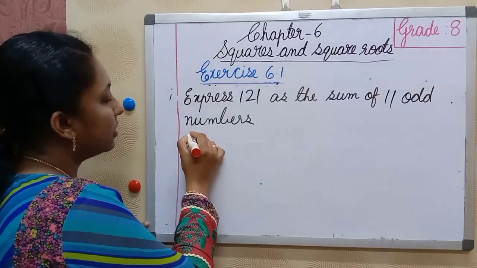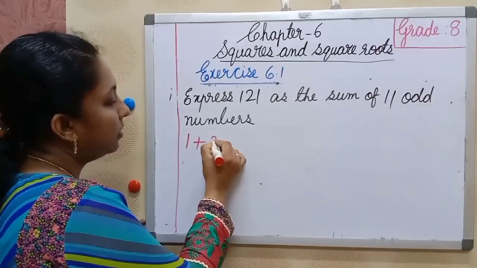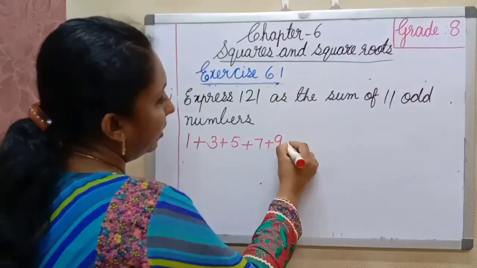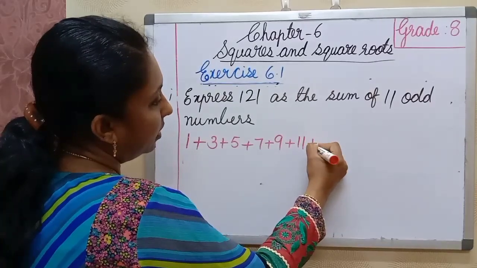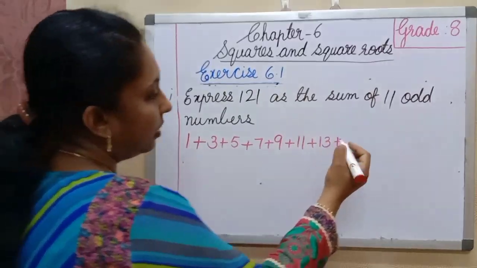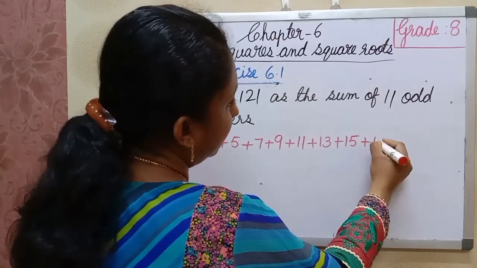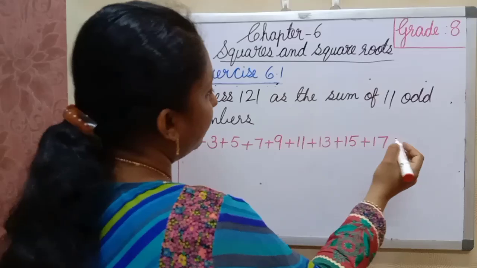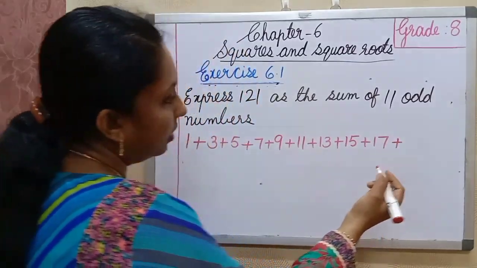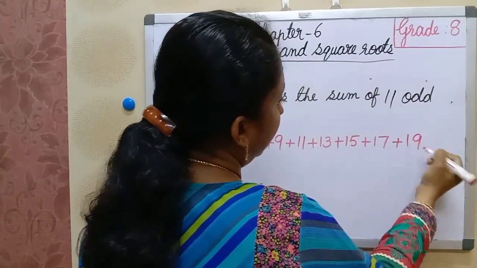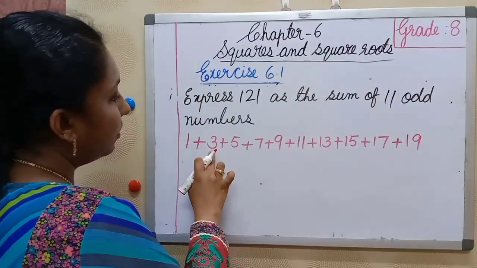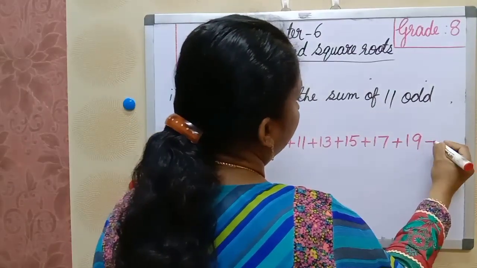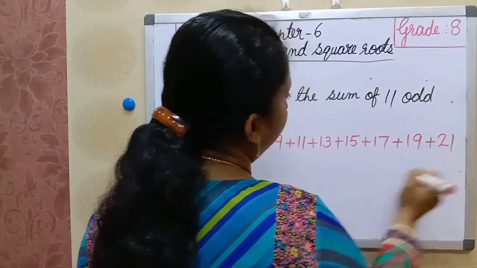Next question. Express 121 as the sum of 11 odd numbers. First 11 odd numbers we can write 1 plus 3 plus 5 plus 7 plus 9 plus 11 plus 13 plus 15 plus 17 plus 19 plus 21.